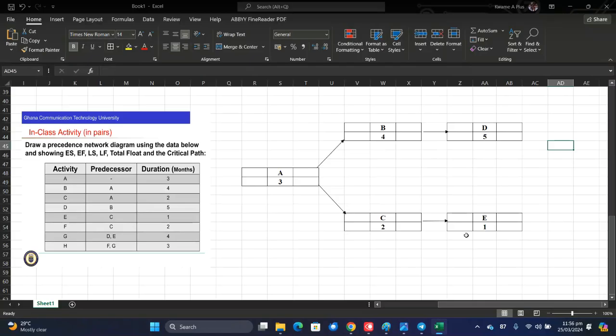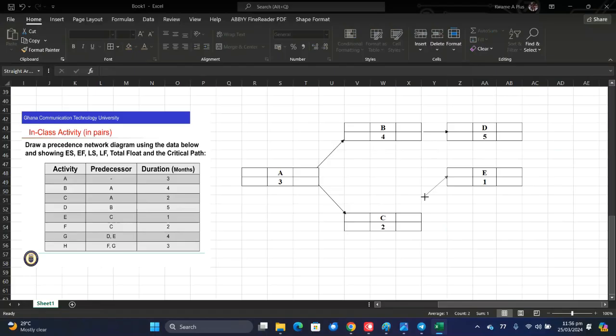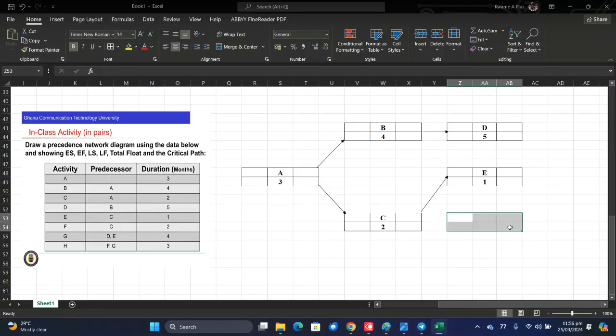F. So I think we have to get 1 here. Then I think we have to take this one up here, like that, maybe somewhere here. This is F. That is 2.